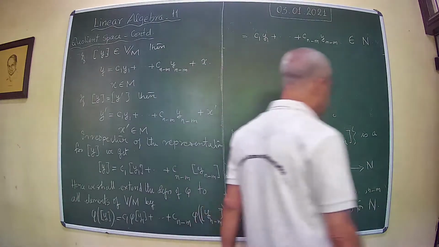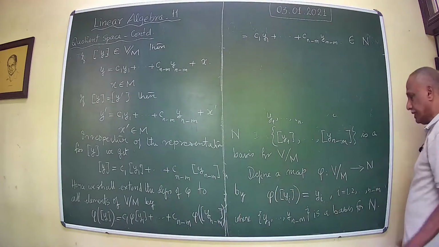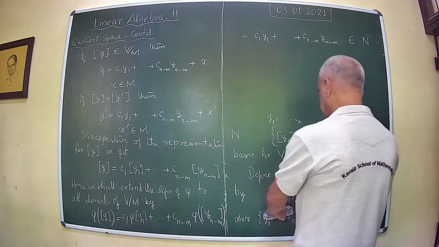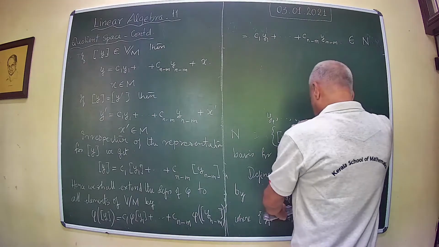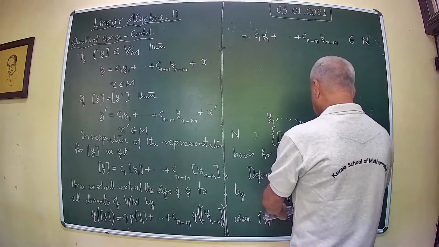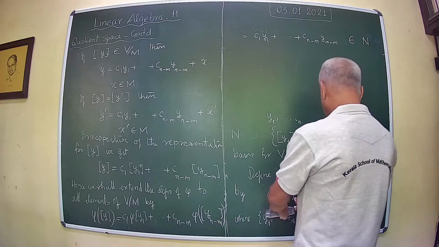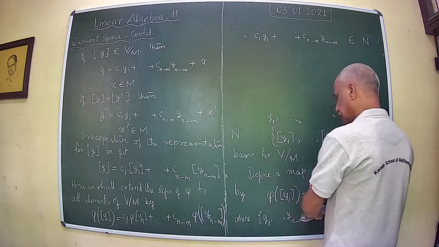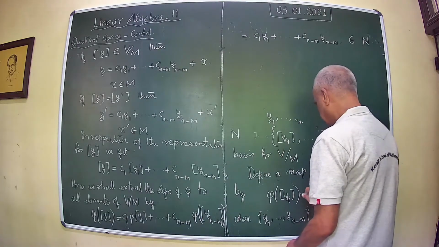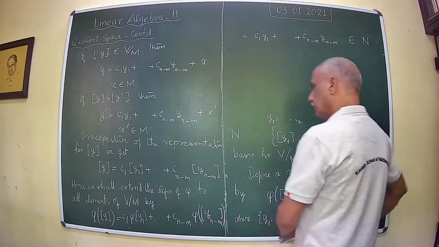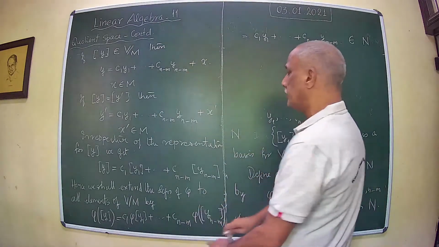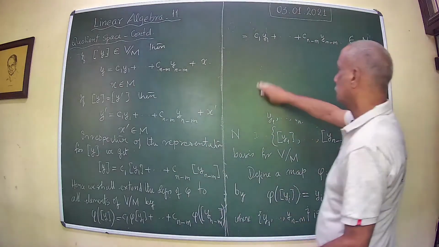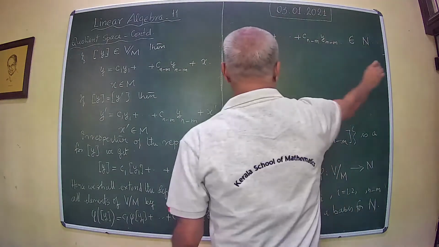So that's the definition of phi. Phi has been defined on the basis crafted out from a basis for N in this way, and from then on we extend it to all elements linearly. So by linearity we have extended it.